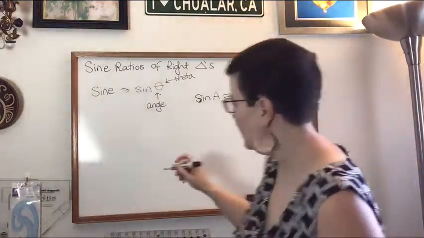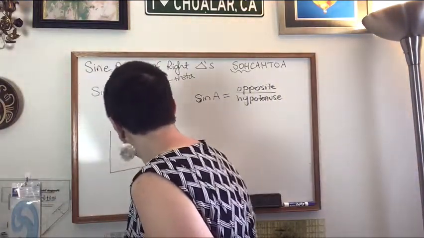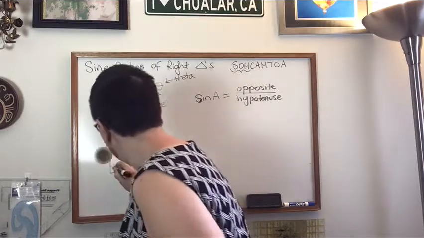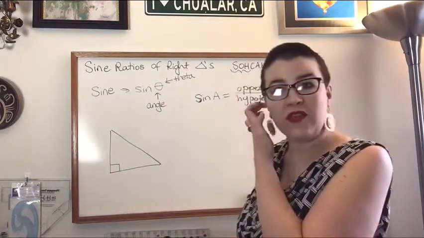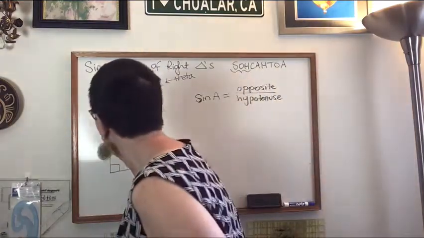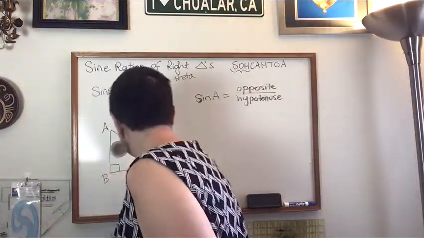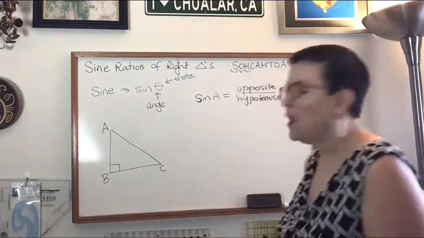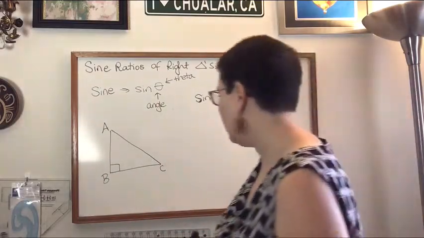Now, until you have a right triangle, this isn't going to do a whole lot for you. So let's go ahead and draw a right triangle. I know it's right because I put the little thing in the corner, or if someone says to you it's a right triangle, then you can believe them. I'm going to call this angle A, this angle B, and this angle C. Then I'm going to give it some side measures.